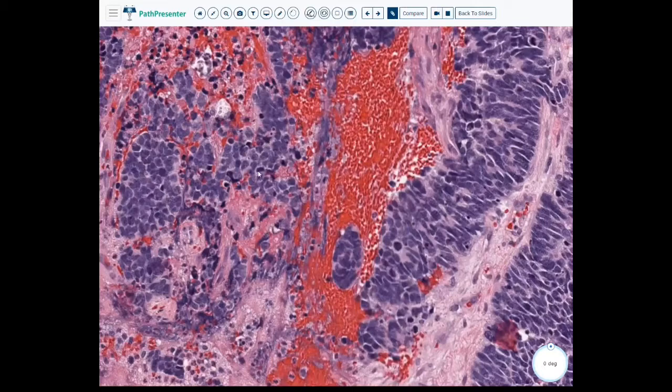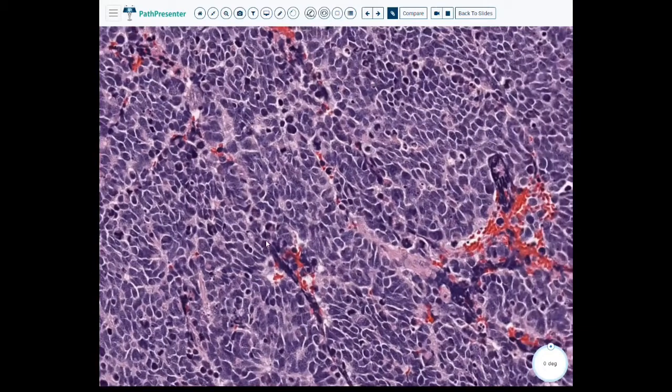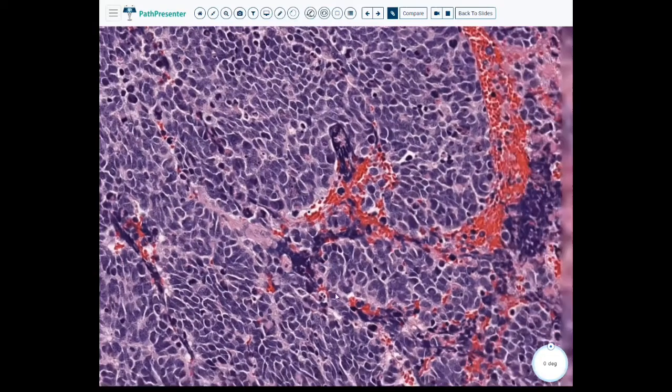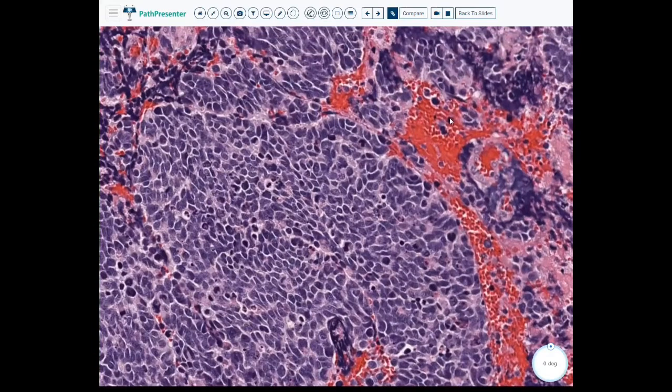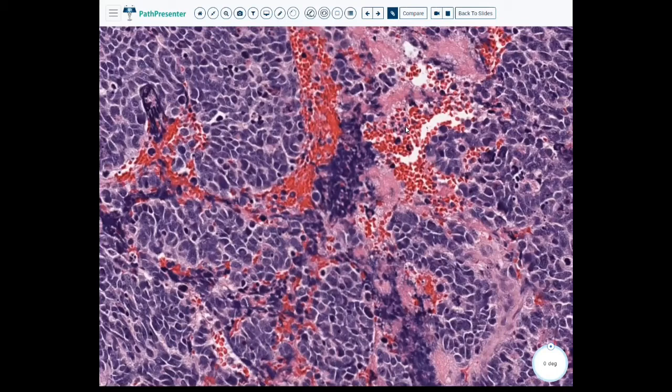Looks like maybe some mitotic figures. Might be easier to see in other areas. Like that's an atypical mitotic figure. We do have some apoptotic bodies, so there is some dirty necrosis. I think I also saw some neutrophils in here. Okay.